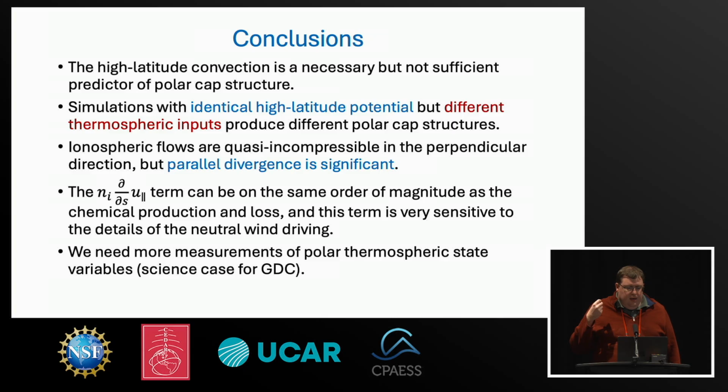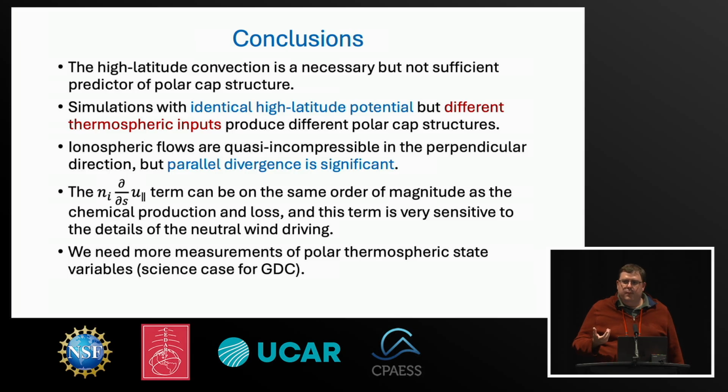The perpendicular flows are quasi-incompressible, but the parallel motion along the field line is routinely compressible. So we cannot think of the ionospheric plasma as an incompressible flow in the parallel direction. And the field lines are routinely out of equilibrium and reconfiguring themselves. That N du parallel ds term is routinely significant, which is something I was not quite expecting going into this.